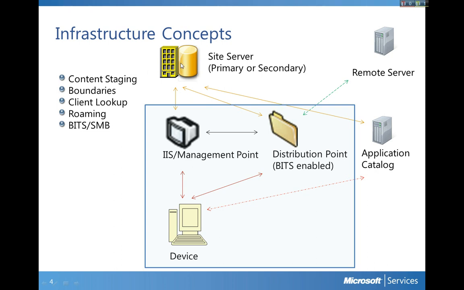That's called content staging. So until your content arrives and is available at a distribution point, devices are not going to be able to access it. They will be denied access. Even if they get the policy, they will be stopped short because there's no content to deploy.